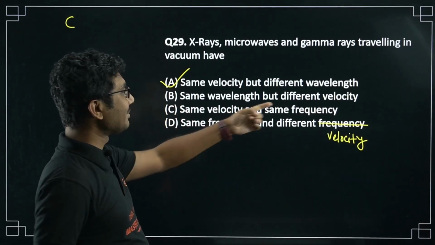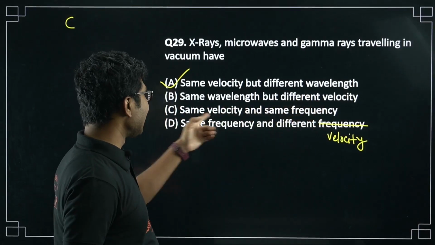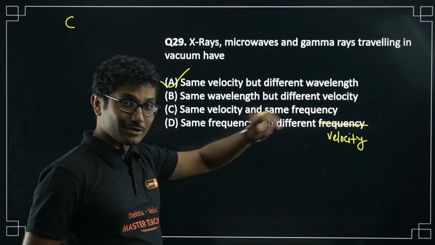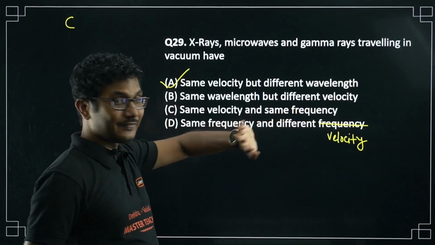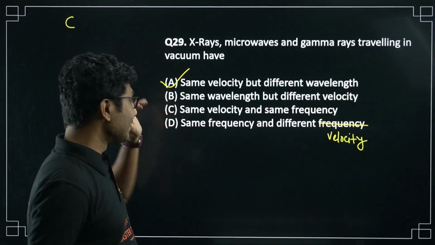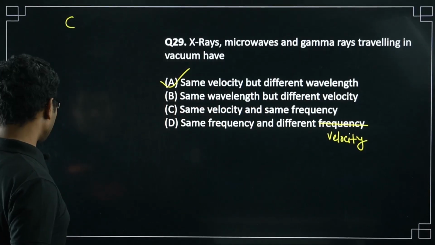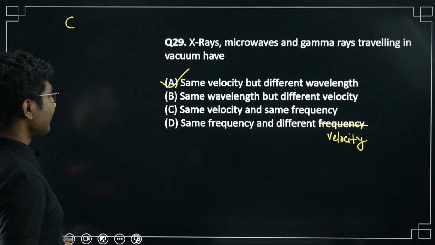Same wavelength but different velocity, obviously not correct. Different velocity is not possible. Same velocity but same frequency, that is also not correct. If it was given different frequency, that would have been a correct option. Same frequency and different velocity, frequency is different, velocity is also same, so both are incorrect. So only option A is correct answer for this question.